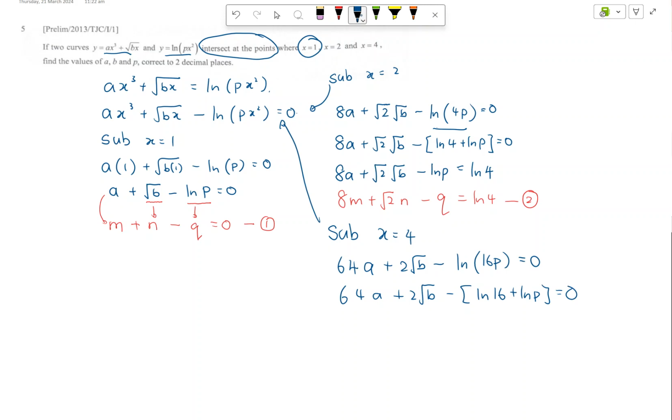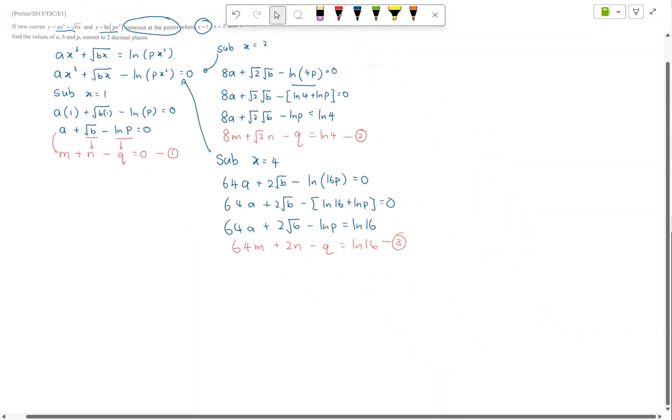Expand it up, I will have 64a plus 2 root b minus ln p equals ln 16. In the form of m, n and q, it will be 64m plus 2n minus q equals ln 16. Now I have my three equations.